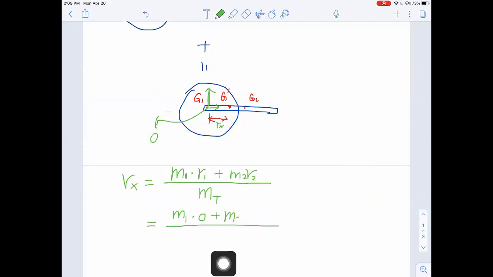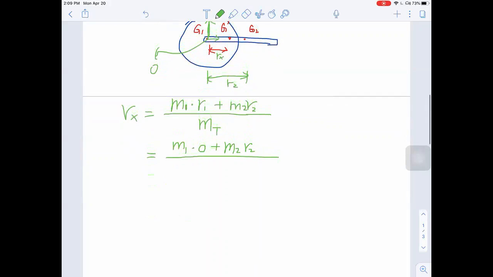Plus M2 R2, where R2 is the distance between the center mass of M2 and the origin. And the total mass is M1 plus M2. So it's going to be M2 R2 over M1 plus M2.